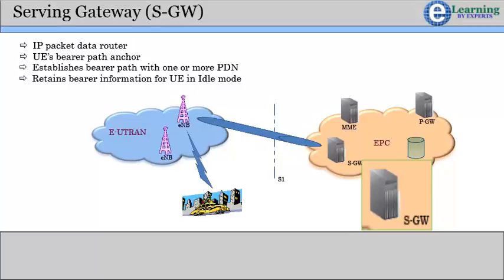In addition, the SGW performs some administrative functions in the visited network, such as collecting information for charging, for example, the volume of data sent to or received from the user, and lawful interception.